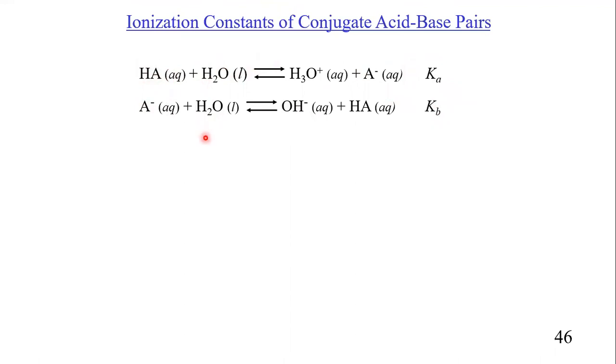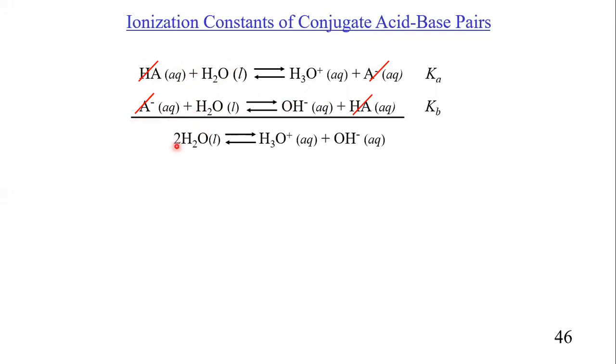When I add these two equations, net, we can remove the HA and the A minus, and you get a net equation which shows, yes, you're right, it's the autoionization of water equation, which has an equilibrium constant Kw. So we can say that Ka times Kb is Kw.